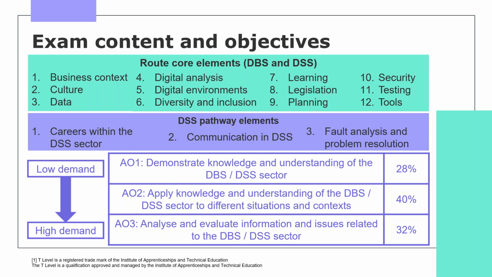And this can include unfamiliar contexts or scenarios not covered during your delivery, but students would still possess the necessary knowledge to apply to this question. And the highest demand is AO3, where students will need to analyse and evaluate the information presented, such as making justified decisions or choices, or determining the potential impact or outcome for a given situation, as a couple of examples.